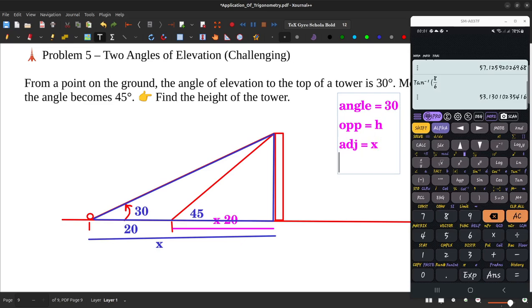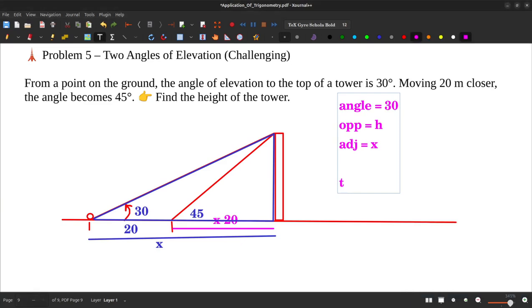Now we have SOH CAH TOA, that's tan. So tan 30 is equal to the opposite, that's h over x. Now let's make x the subject. x will be equal to h over tan 30. Now let's leave that and call it equation 1.